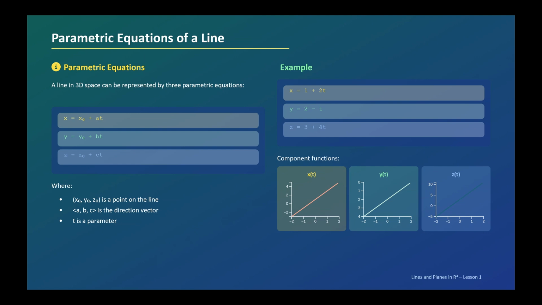These are the parametric equations, and they show exactly how x, y, and z change as the parameter t changes. This form is super useful for line-plane intersections because we can substitute x, y, and z directly into a plane equation.